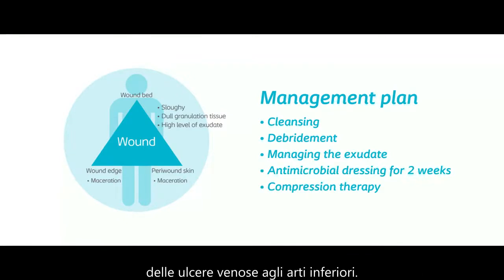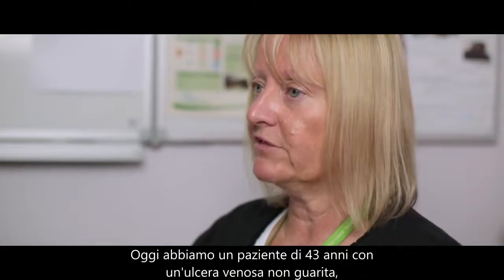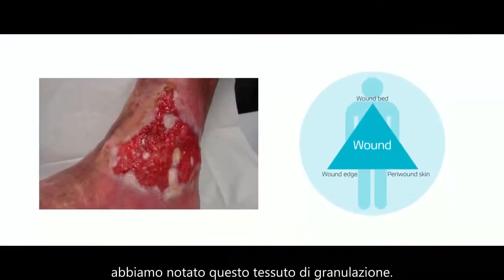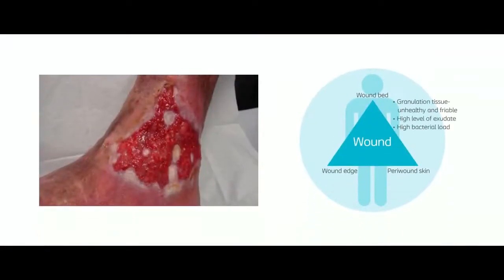So in clinic today, we have this 43-year-old gentleman that presents with a non-healing venous leg ulcer. It is painful and it's malodorous. When we use the triangular wound assessment framework, we can see that there's granulation tissue here, but it's unhealthy, friable granulation tissue that bleeds easily.